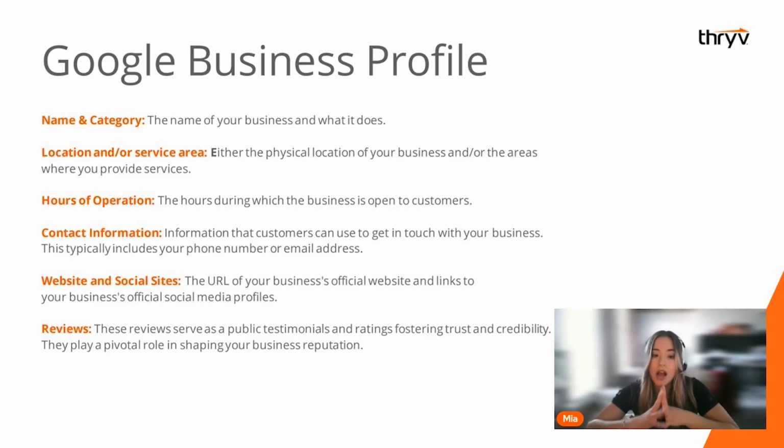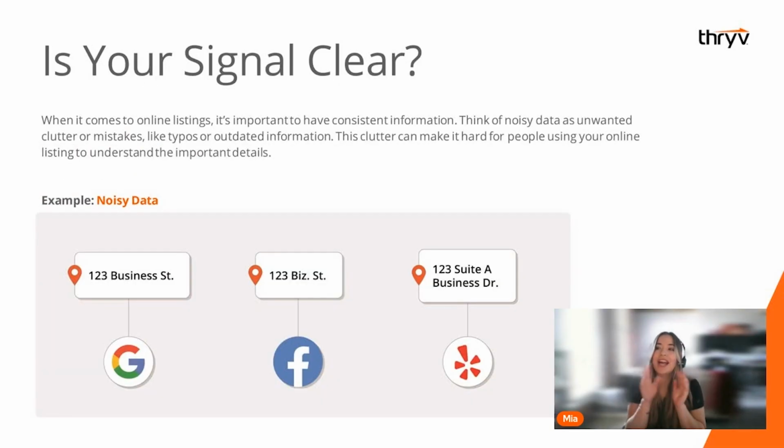So now that we've discussed online presence versus online listings and why it's important to have a Google profile, let's dive into having clean, consistent data, which is one of the key strategy components of having a strong listing. As you can see, when it comes to online listings, it is very important to have consistent information.